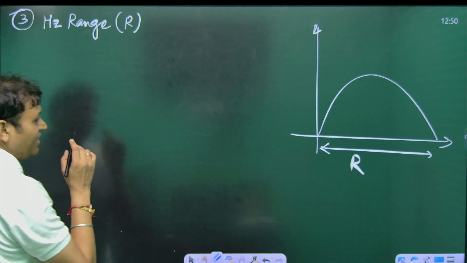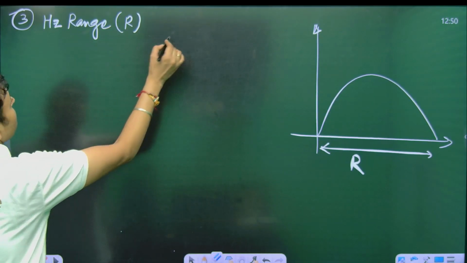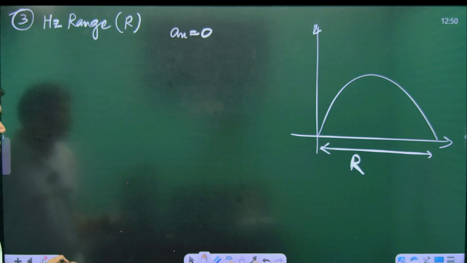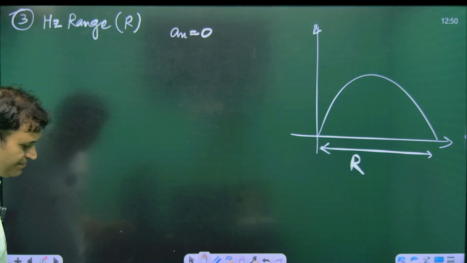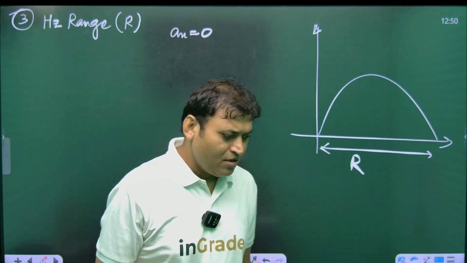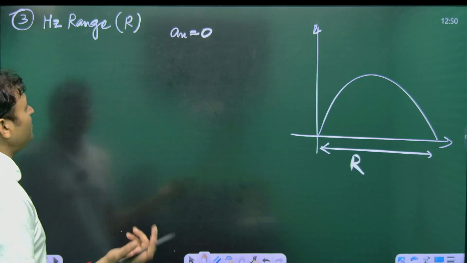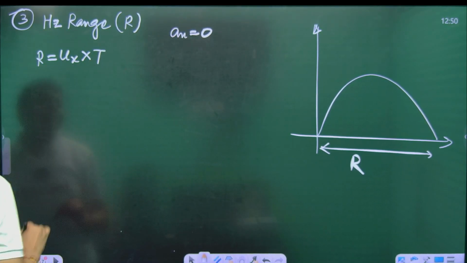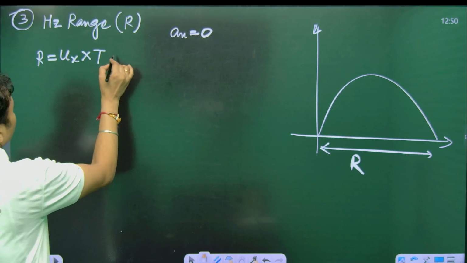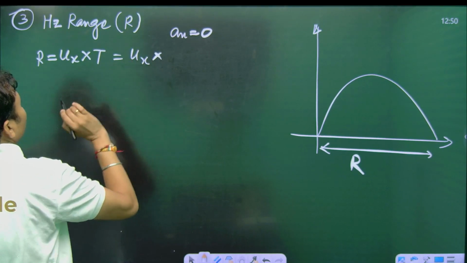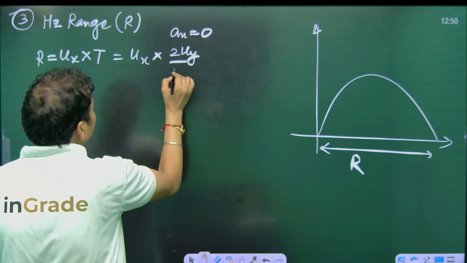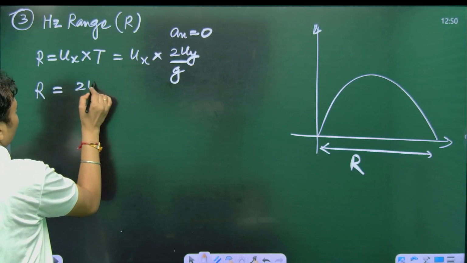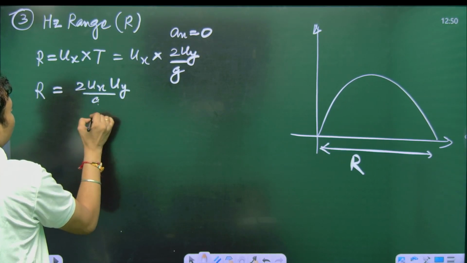Ax is equal to 0, so we can apply the simple equation distance is equal to speed into time. So R will be equal to Ux into the entire time of journey, that is the time of flight, which can be written as 2Uy by g. So the range of the particle is 2Ux into Uy by g.